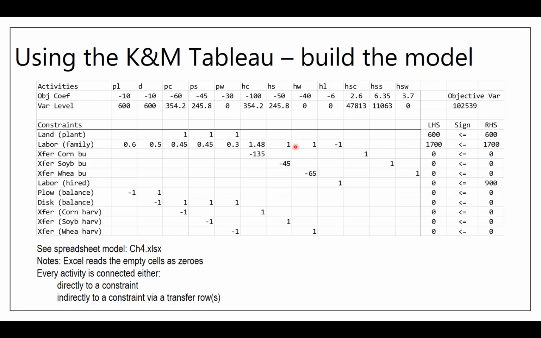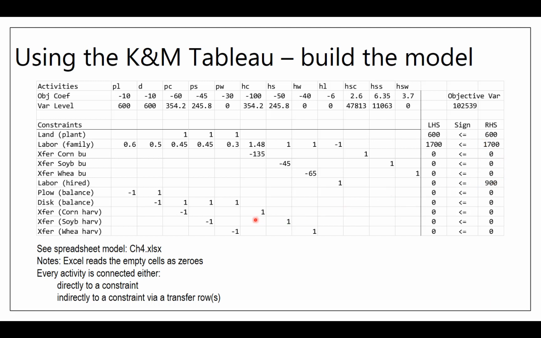So we know that no matter what we do, the sum product here will never get bigger than 1,700. Right, so the plans up here under all these activities will be limited by labor. The one sort of connection to this is there's a hired labor activity that could cause us to expand this constraint, but they're linked together through this column, through the hired labor column. And so the extended sort of labor constraint would say either family labor or hired labor.